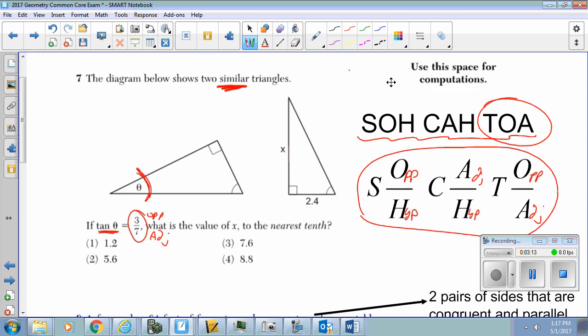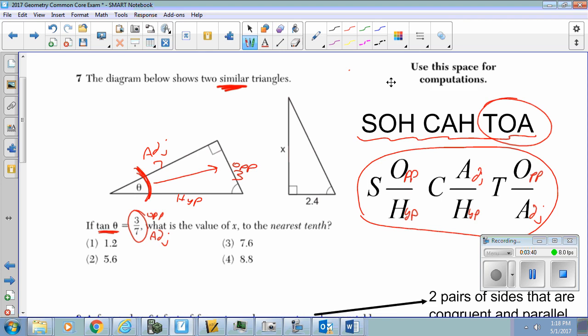So I can actually label these sides based on this angle. This is going to be my opposite side. So I can label that as 3. My adjacent side is going to be over here, right? And so that's going to be 7. And then my hypotenuse is down here. I'm not sure if we're going to need to find a hypotenuse for this problem, but we'll see. Now, just a little note.